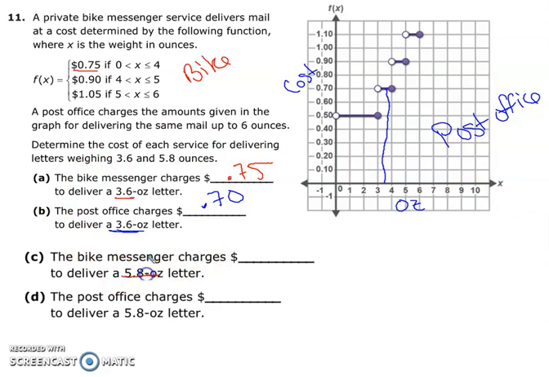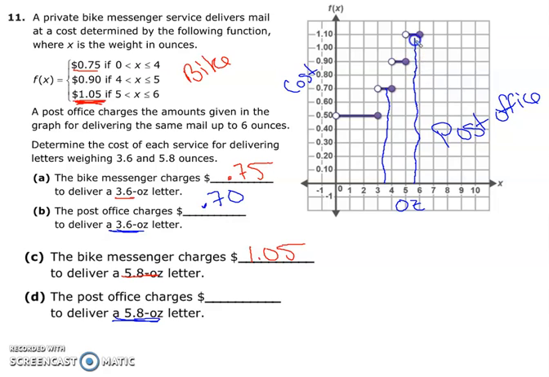For a 5.8 ounce, does that fall between 0 and 4? No. Does it fall between 4 and 5? Okay, so it's between 5 and 6. So how much am I paying for that? $1.05. Then I'm going to go back to the post office for that same letter. I'm trying to figure out which one's cheaper. So I'm going over here to my 5.8, almost to 6.